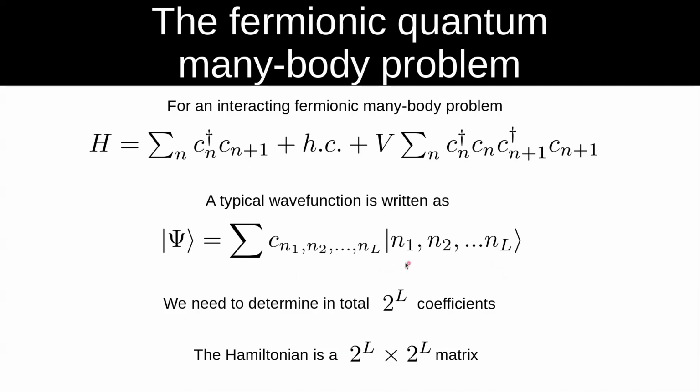So each one of these states of the basis are the states that we showed before. And in particular, if we want to compute the ground state, we need to determine 2^L coefficients. So an interacting quantum many-body fermionic system is as challenging to solve as a quantum spin Hamiltonian.